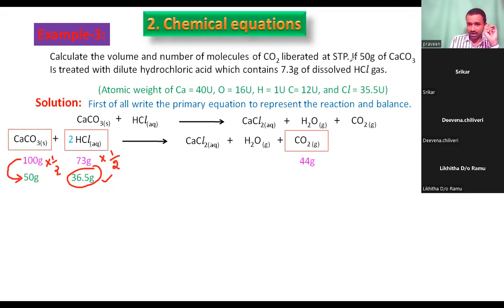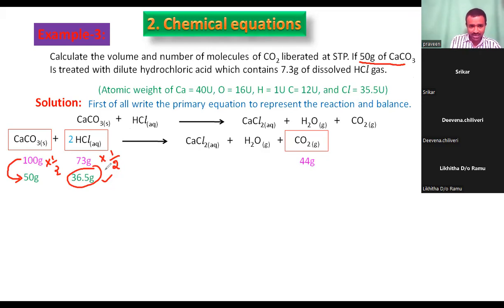Right? Here, according to the question, calcium carbonate is 50 grams. So here, as per the law of constant proportion, the same ratio is maintained. Whatever the quantity you are providing, it always combines with the other substance in the same ratio.